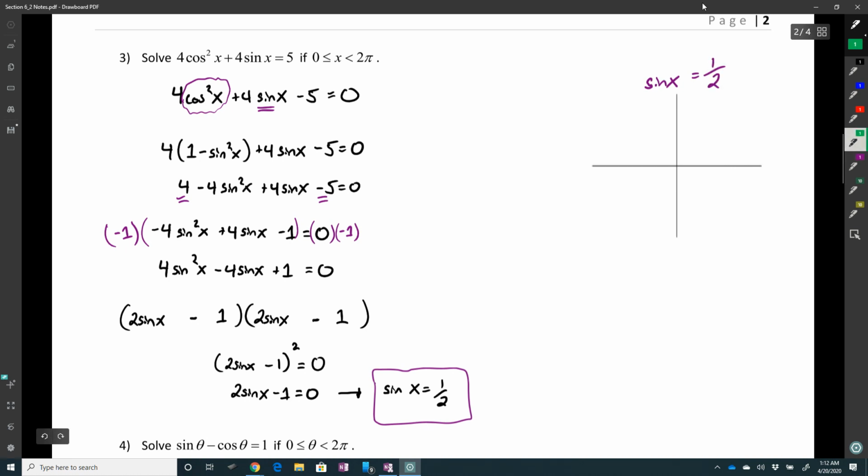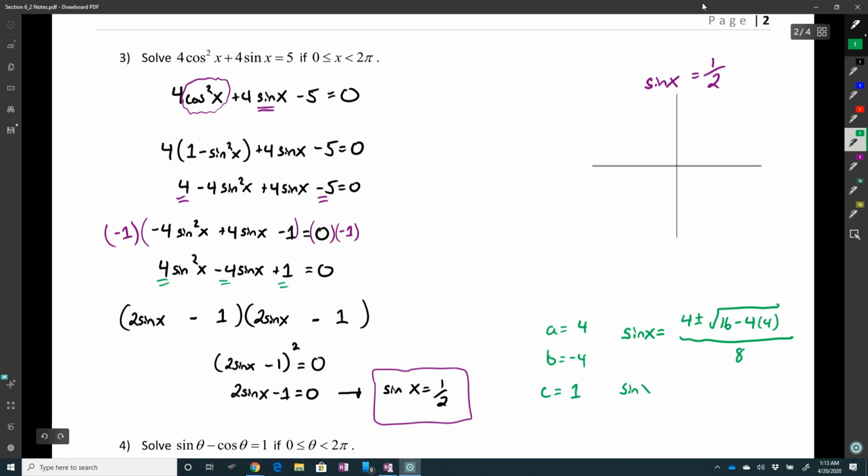Now, again, if you wanted to, you could have used the quadratic formula. Looking at this problem, I could have seen that a equals 4, b equals -4, c equals 1. So if you don't like factoring, you could have just used the quadratic formula, which would have been sine of x is equal to negative b plus or minus the square root of b squared minus 4ac, the whole thing divided by 2a, which is 8.